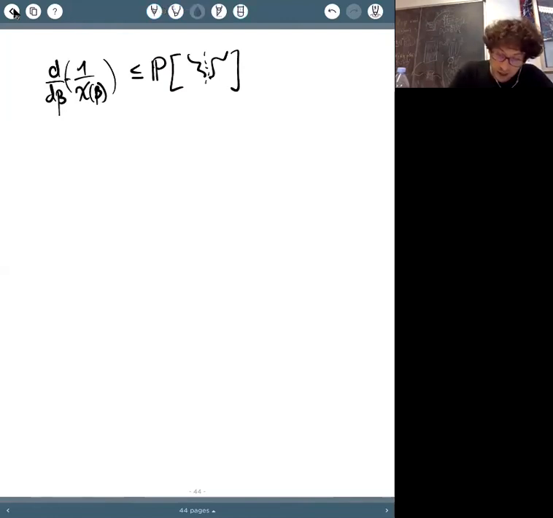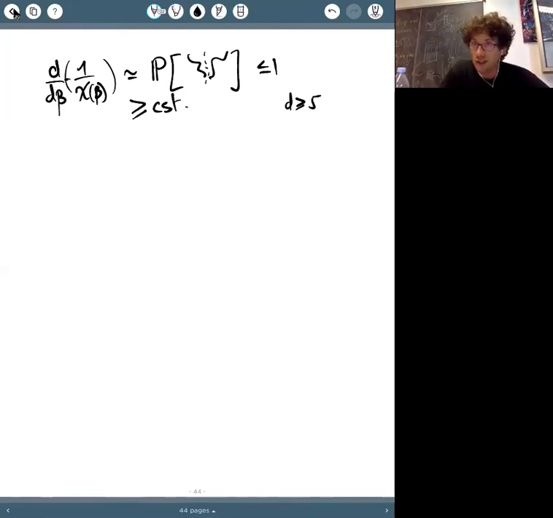It's always smaller or equal to 1, and this gives you the mean field lower bound. And in dimension 5 and more, you can actually prove that this is larger than a constant: 2 currents have positive probability of not intersecting at all.